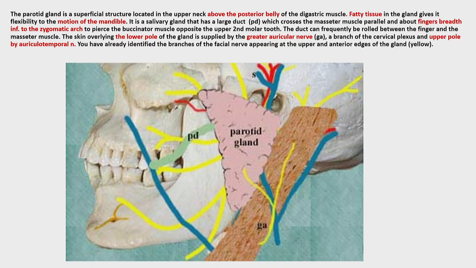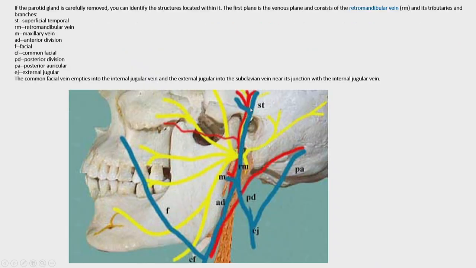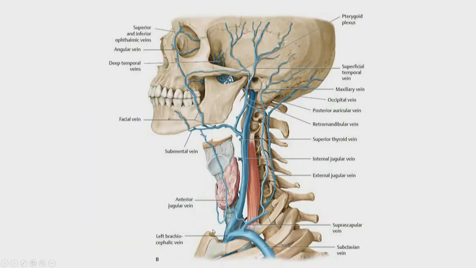So here I have the schema that you have the wedge-shaped parotid gland, and if I remove the superficial part of the parotid gland, the first thing that I see is the retromandibular vein, which is coming from the superficial temporal vein and the maxillary vein, and is making the posterior division and anterior division. Here is a better picture that you can see the superficial temporal vein.